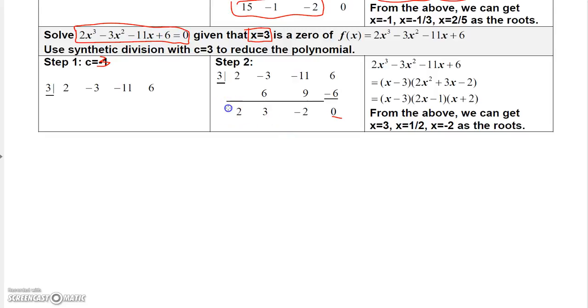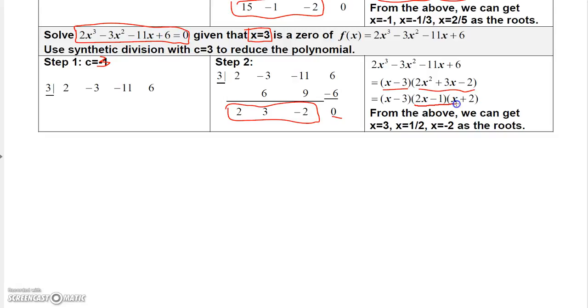So basically I reduce this to a product of, since 3 was a solution, so the product would be x minus 3 for one factor, and then this polynomial here, 2x squared plus 3x minus 2, is another factor. Well, once I get this into a quadratic, then I can either factor this to get the roots, or I can use the quadratic formula.